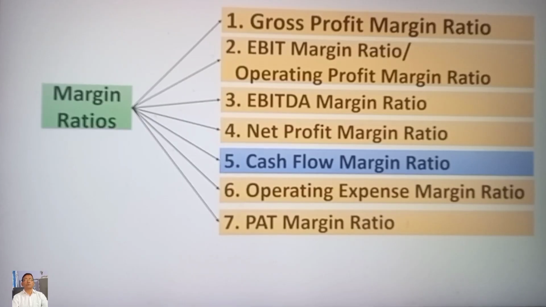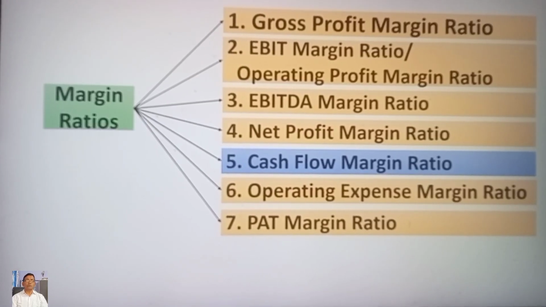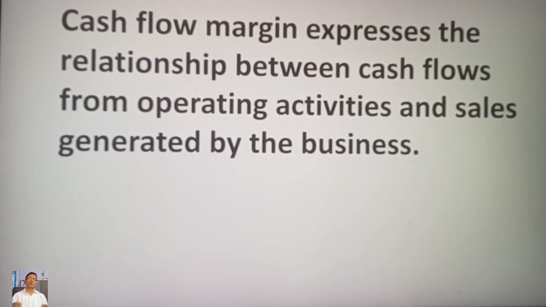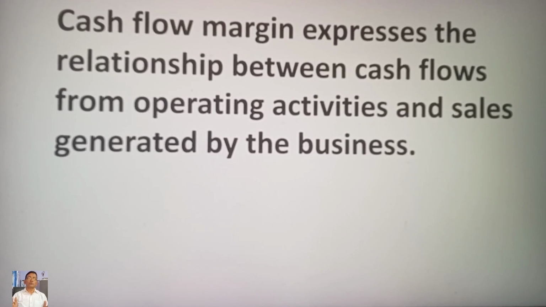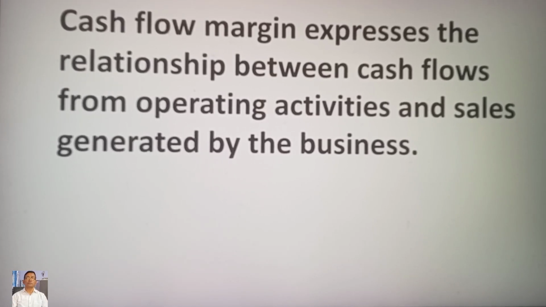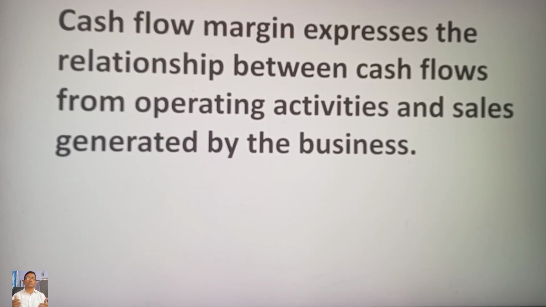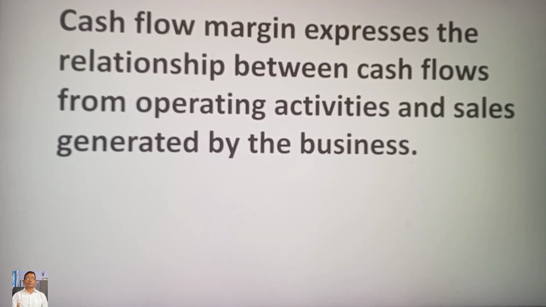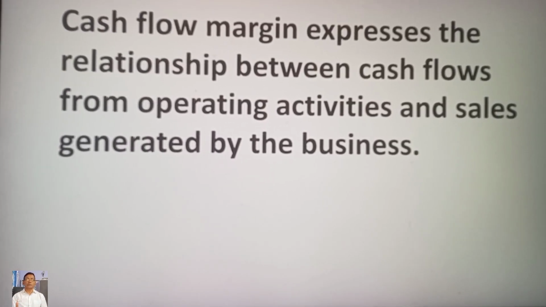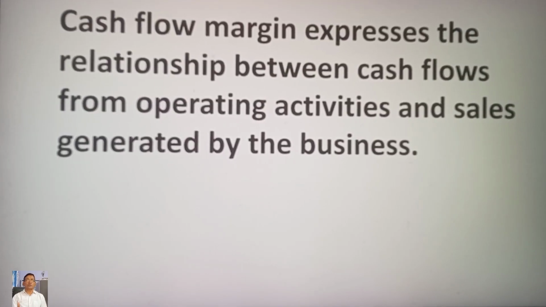Fifth, cash flow margin ratio. Cash flow margin expresses the relationship between cash flows from operating activities and sales generated by the business. It measures the ability of the company to convert sales into cash.